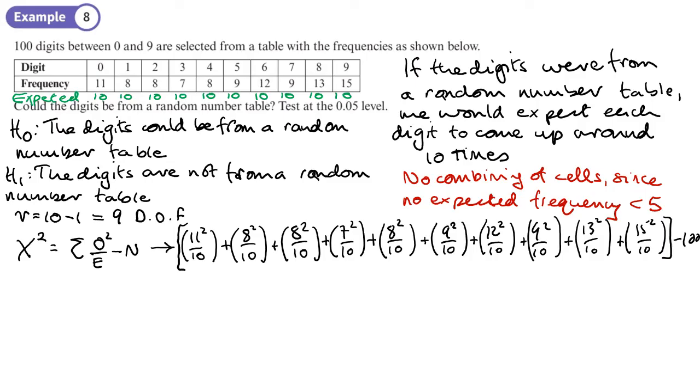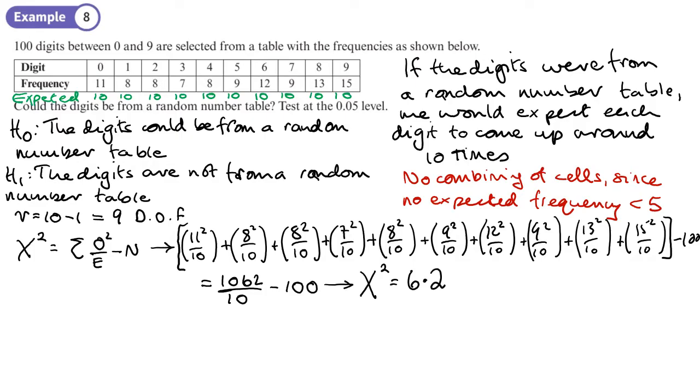Okay, so here you can see the full calculation written out. Here we have our observed squared over the expected for each digit. Then we find the sum of those, and subtract 100. Now when we work that out, the bit in the brackets will be 1062 over 10 minus 100, and we'll get a value of x squared as 6.2.